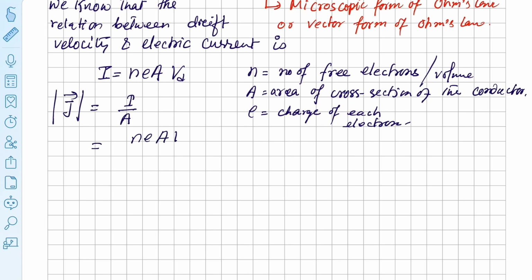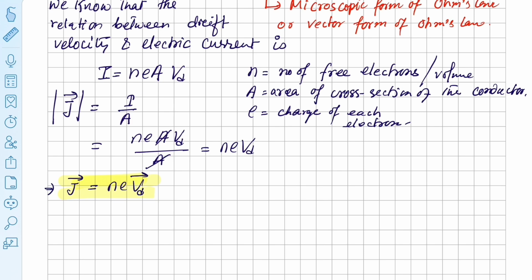So I is N e A Vd by A. So A cancels, and we get N e Vd. In vector form, current density is equal to N e Vd, where we write the vector symbol. This is also a very important relation, right?